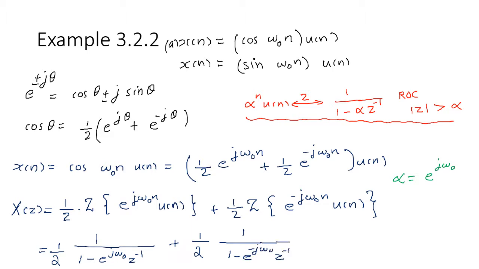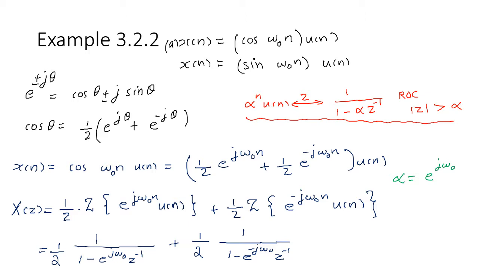Okay. What about the region of convergence of both? The region of convergence is mod z greater than mod alpha.